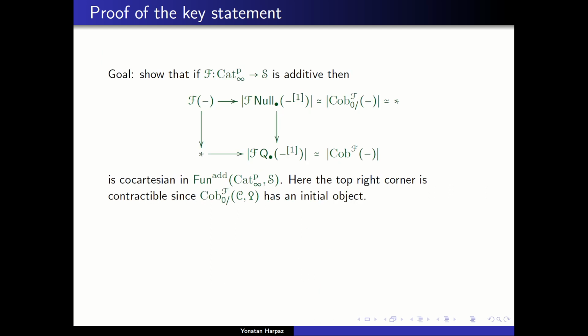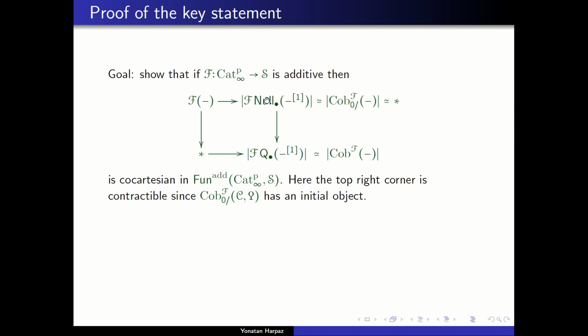And if we apply F to this simplicial object in Poincaré infinity categories, so what we get here is just F applied to the Q construction with Poincaré structure shifted. So before we take a geometric realization, this is the simplicial object that encodes the F-based cobordism category.